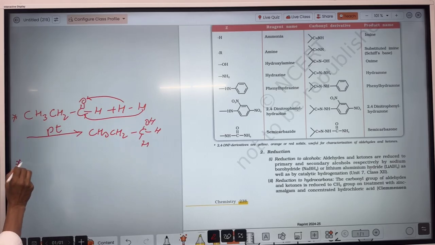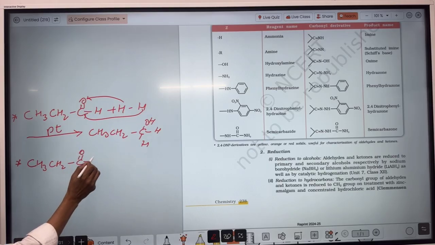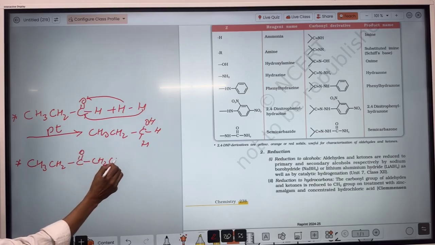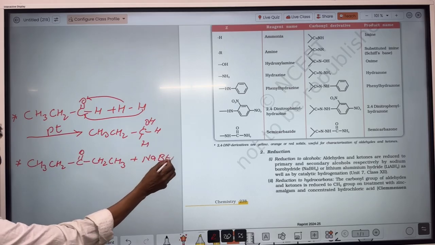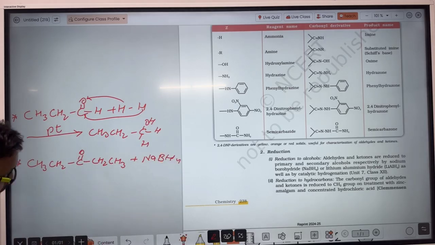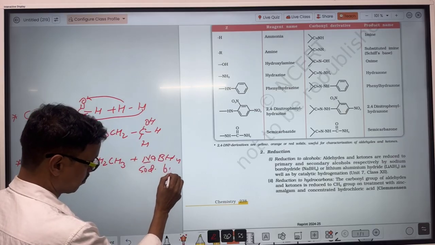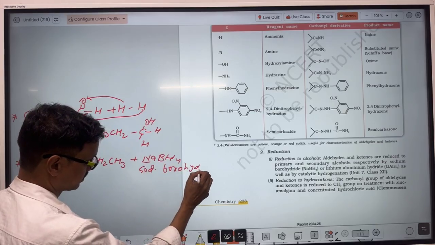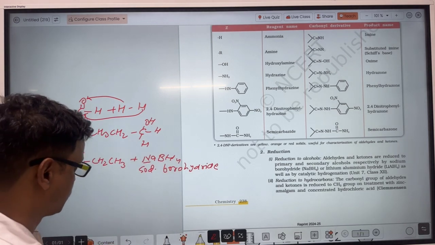Now for the ketone, take a reducing agent like NaBH4. What's its name? NaBH4 is called sodium borohydride.